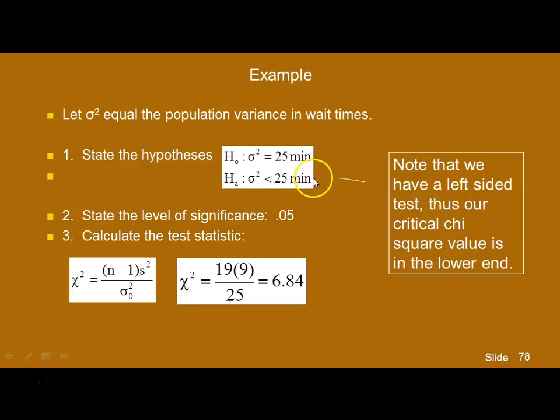And now, due to new technology, we're hoping that that variance in wait times has decreased below 25 minutes. Use a 5% alpha level. We calculate our test statistic, the chi-square statistic. N minus 1 is 19. S squared was 9. The hypothesized value of sigma squared is up here, 25. Work that out, you will get 6.84.